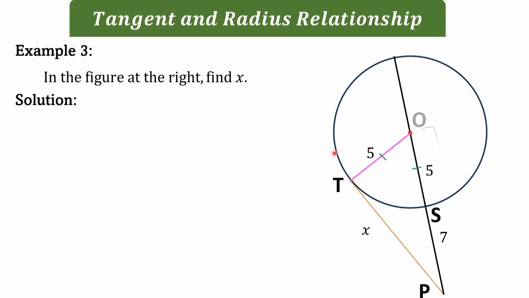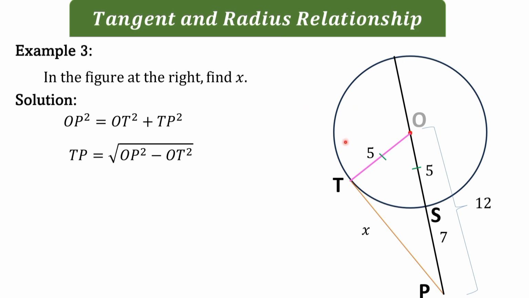Applying the Pythagorean theorem, OP squared, which is the square of the hypotenuse, equals the square of the legs, OT, plus the square of TP, the other leg.